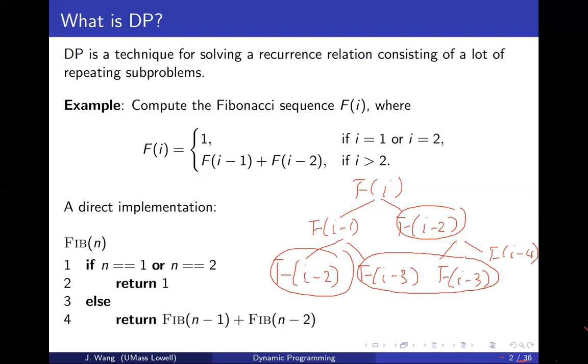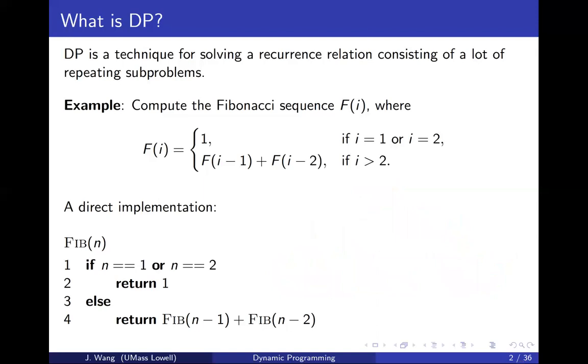So now let's look at a direct implementation of this function. Let's call this FIB of n.